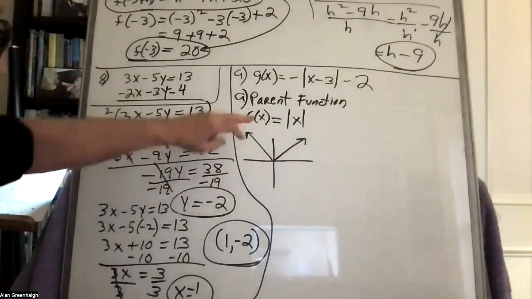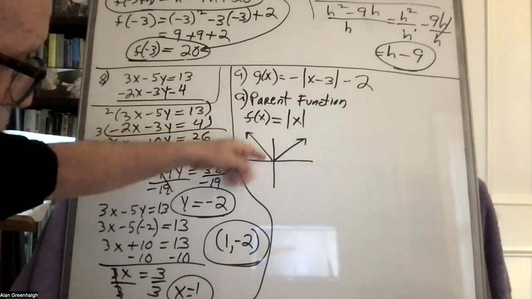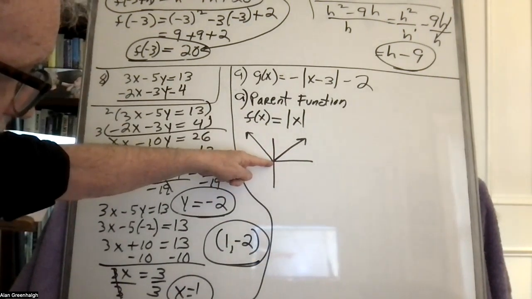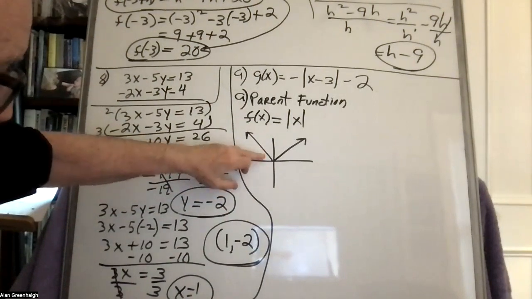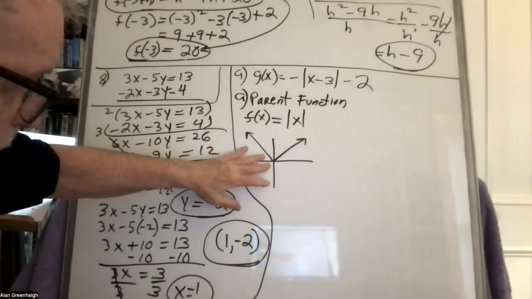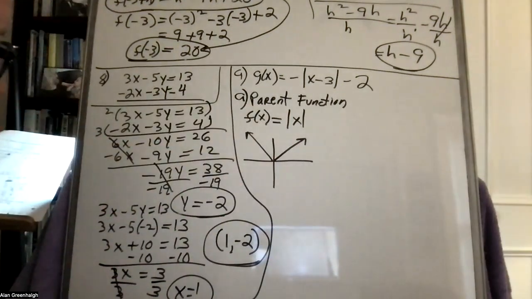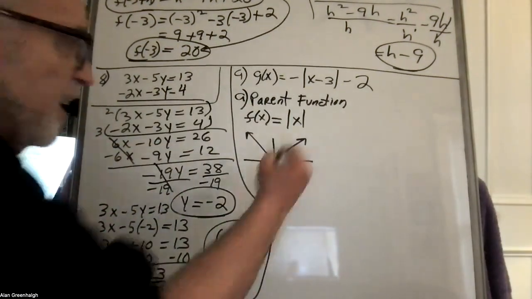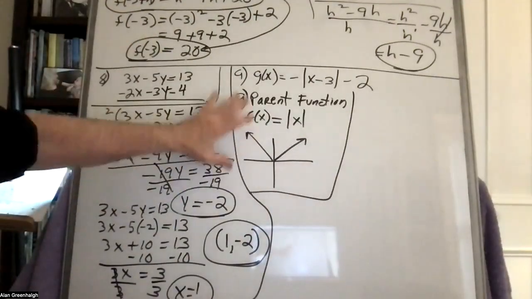Many people put the negative in front of the parent function, causing the reflection of this graph. So some people had as the parent function the reflection of it, which is not it. The parent function is the simplest variety. This is what I wanted.